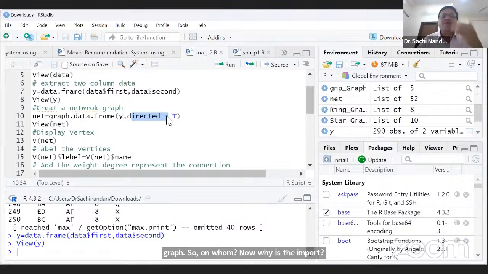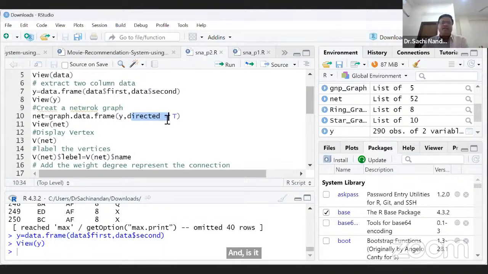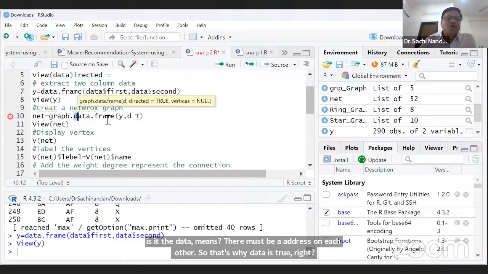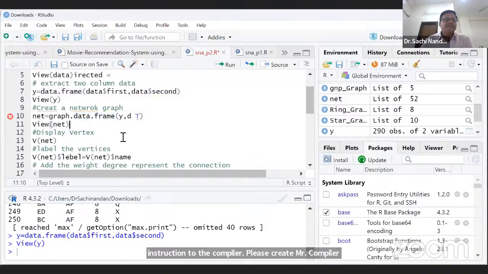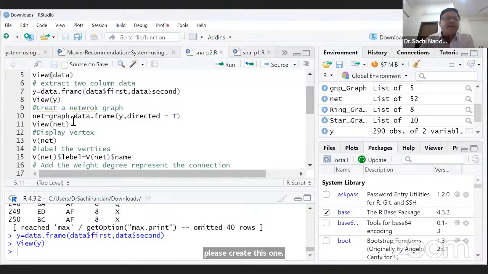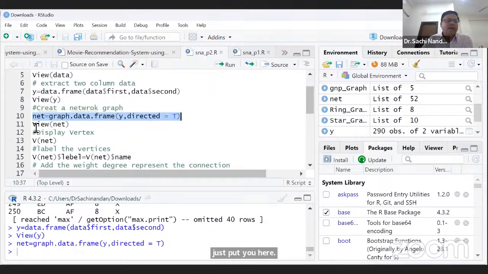Directed means there must be a direction between each other, so that's why directed is true, right? What is the meaning of this? I'm giving an instruction to the compiler: Mr. Compiler, please create one data frame, put it in a graph and store it in net. I put it here and run the program, and I view the net.